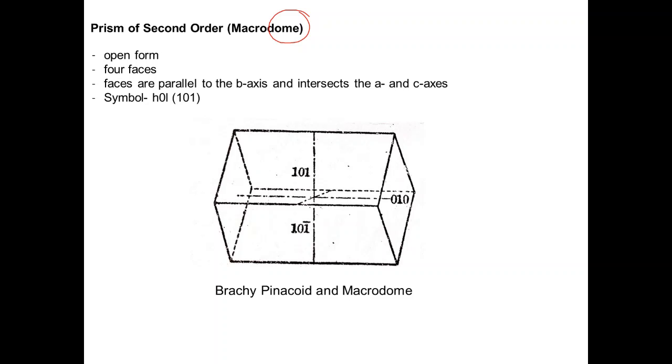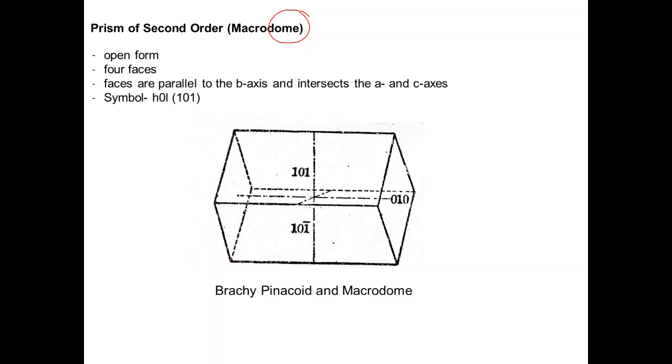It means that in this open form with four faces, the c-axis has to be intersected. Got it?